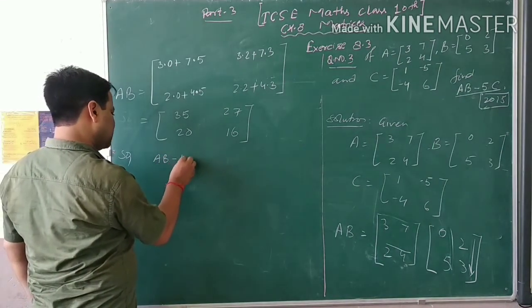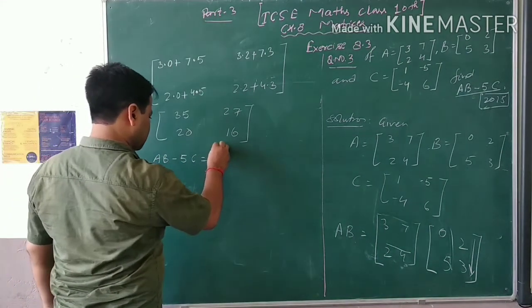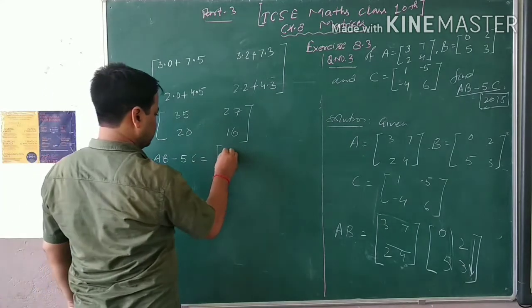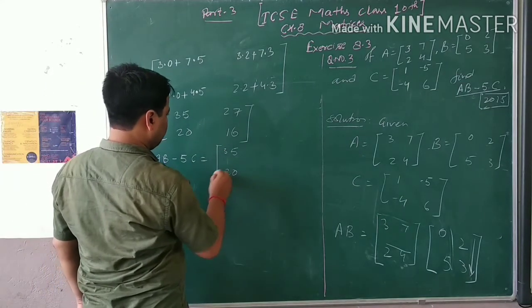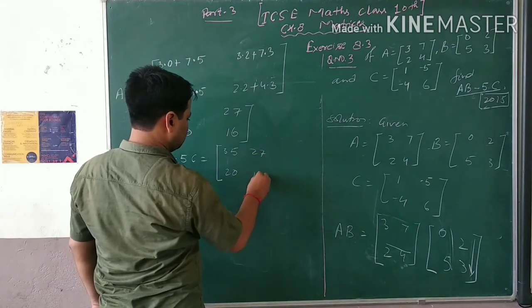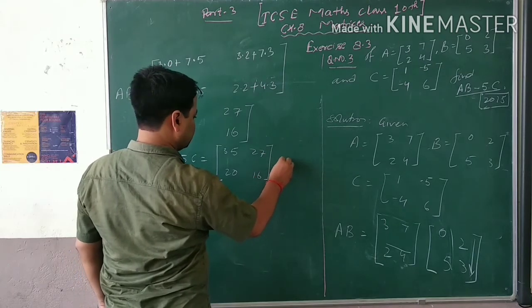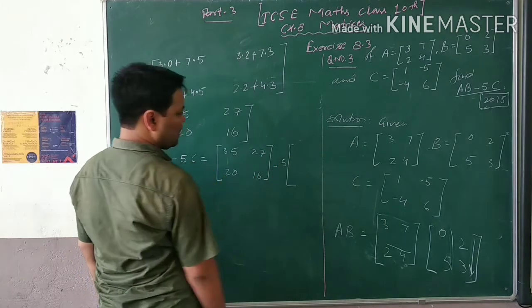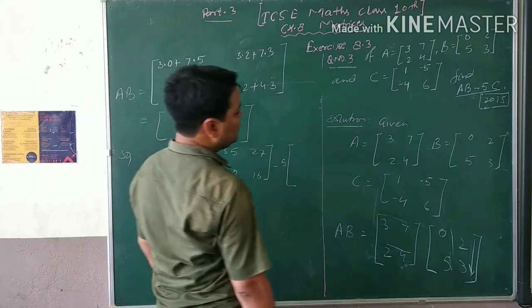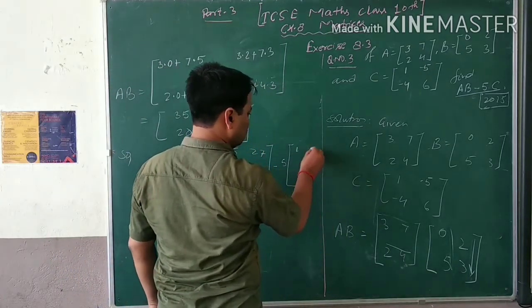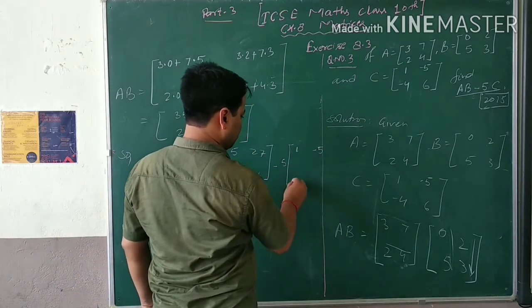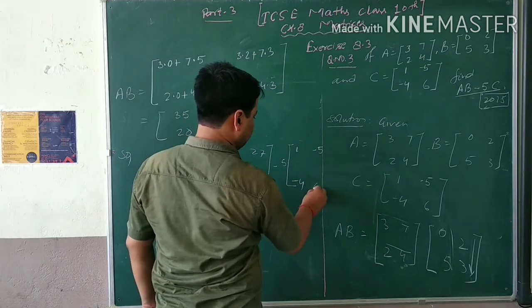Now AB minus 5C is what? First we write AB, that is 35, 27, 20, 16, minus 5 into C. The value of C is 1 minus 5 minus 4 and 6.